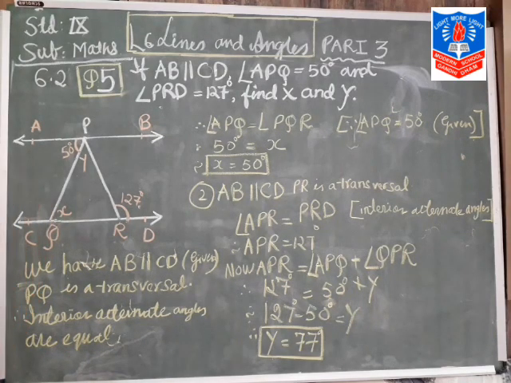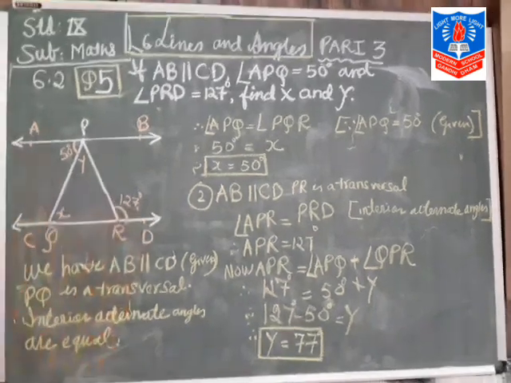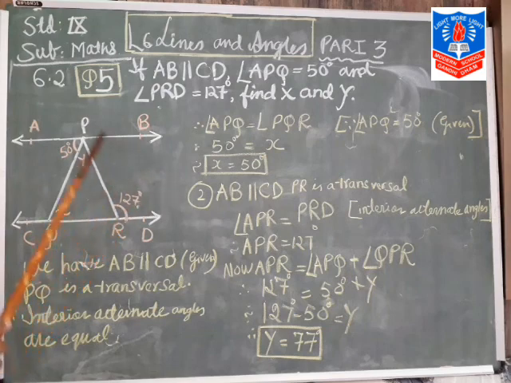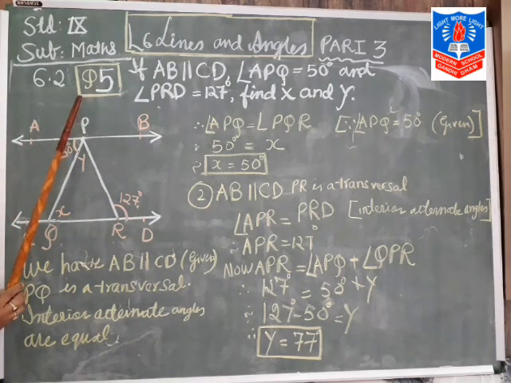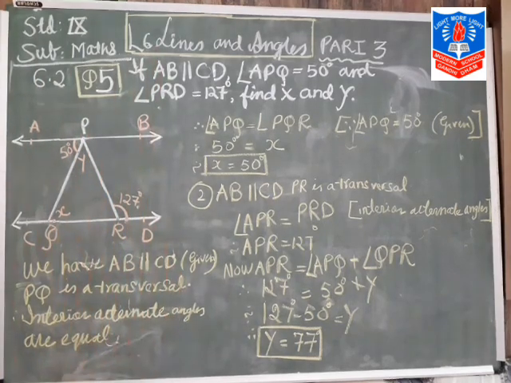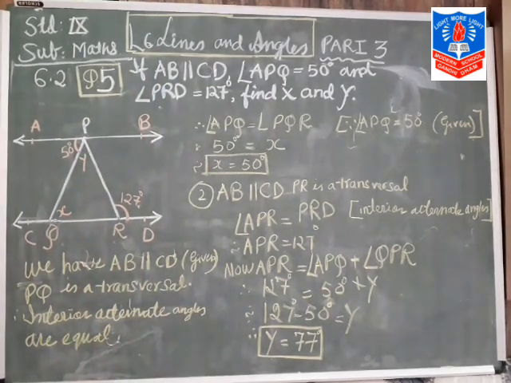Question number 5. AB is parallel to CD, APQ equals 50 and PRD equals 127. Find X and Y. Now these are interior alternate angles. One time PQ is a transversal, the second time PR is a transversal. Now we will start the solution.